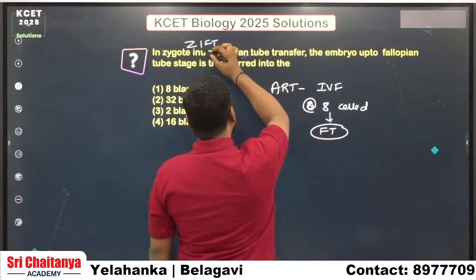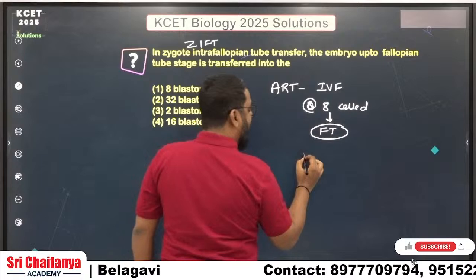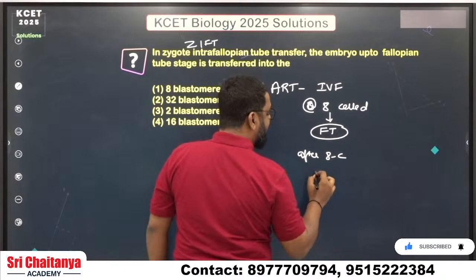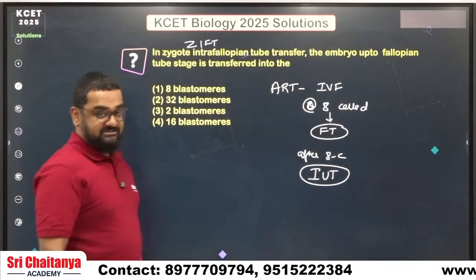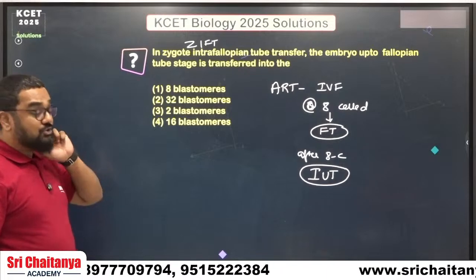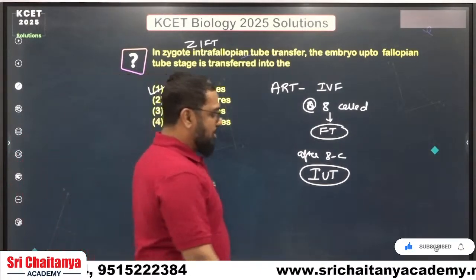That is why it is called zygote intrafallopian tube transfer. If it is after 8 cell stage, more than 8 cell stage, it will be transferred into the uterus and will be called intrauterine transfer. Above 8 blastomeres, it will be transferred into the uterus. So the answer here is 8 blastomeres, option 1.